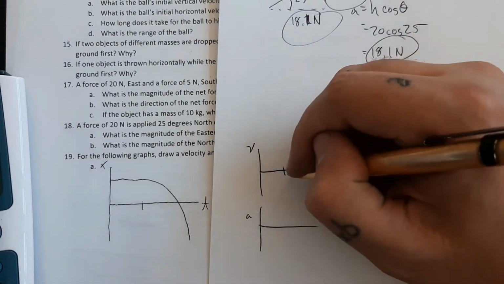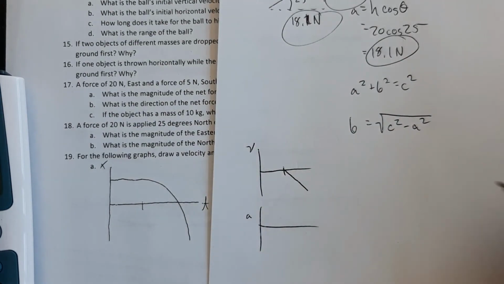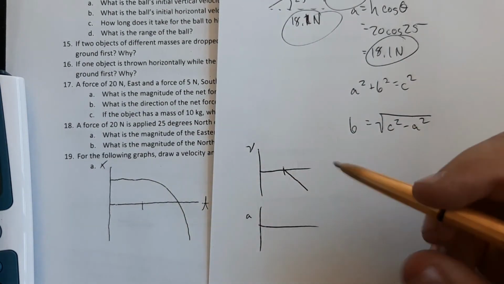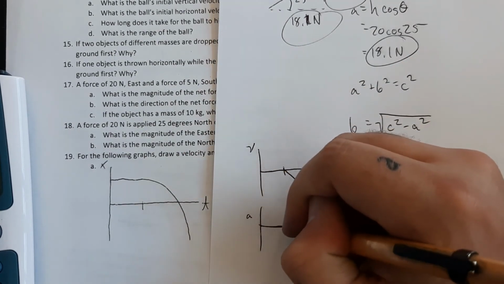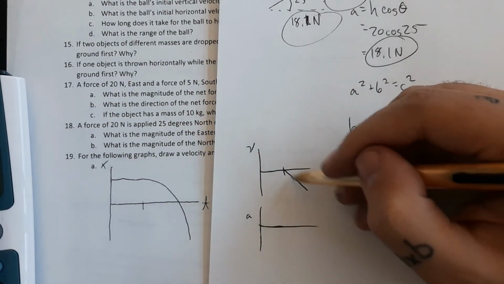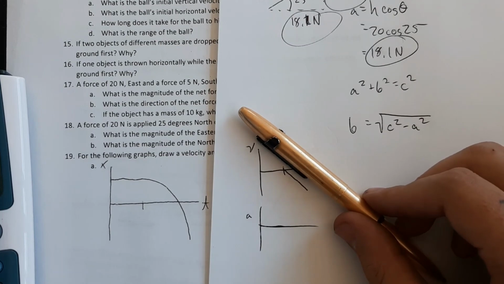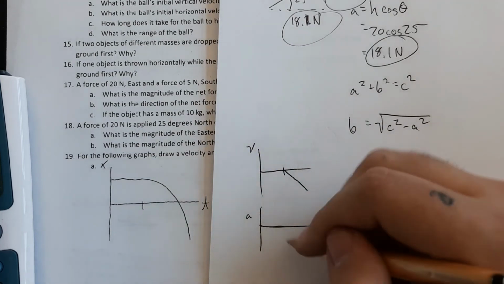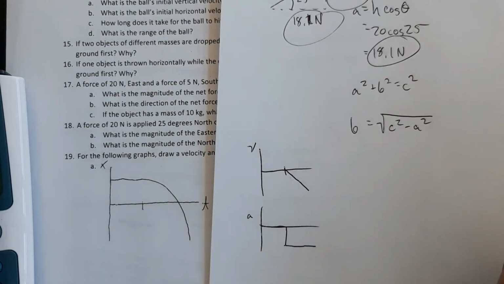So our velocity should be going from 0 to negative. Your acceleration graph is the slope of your velocity graph. The slope for that first section is flat, it's 0, so our acceleration will be at 0. The slope of the second section is negative, and it's constant for the entire time that it's sloping down. So we should have a constant negative acceleration. So there's our graph for the first one.